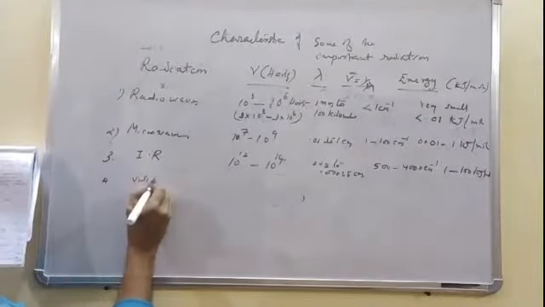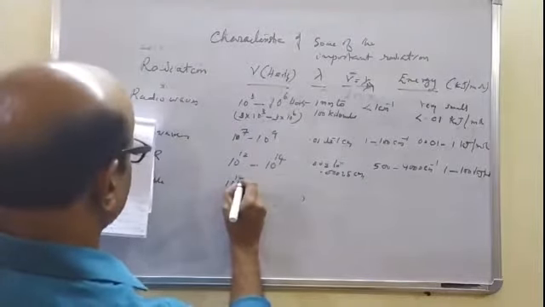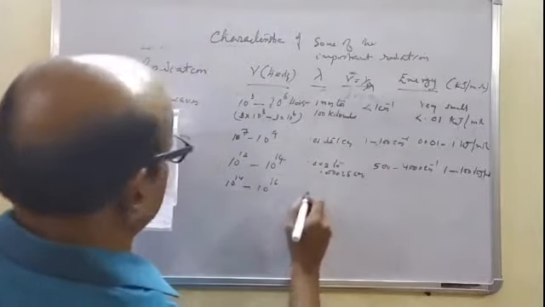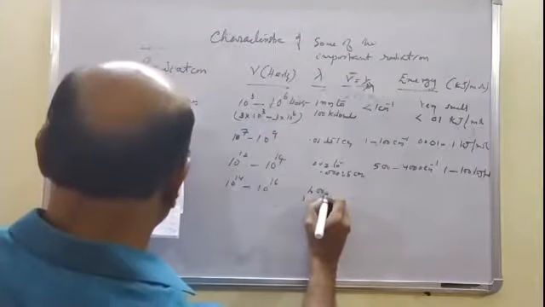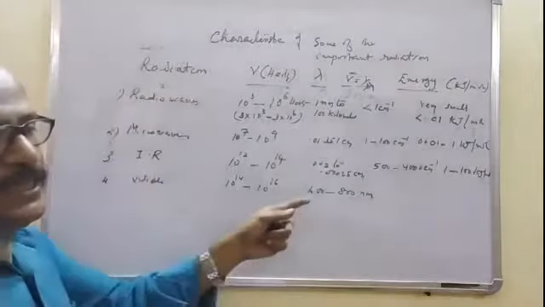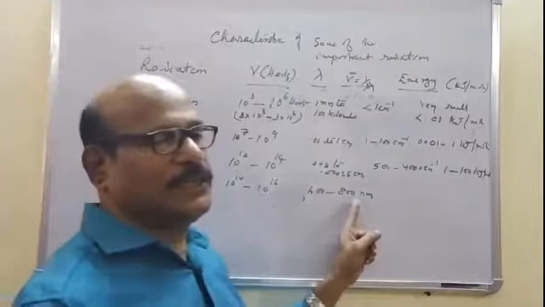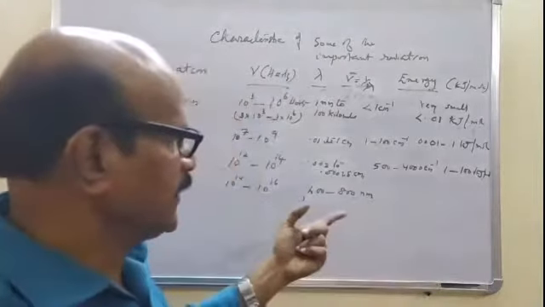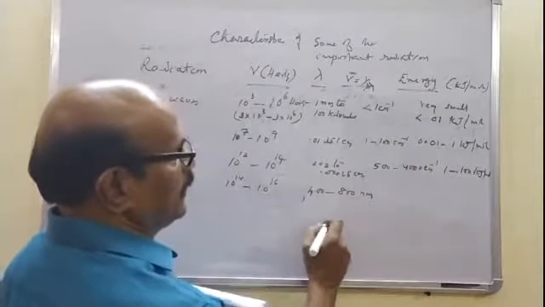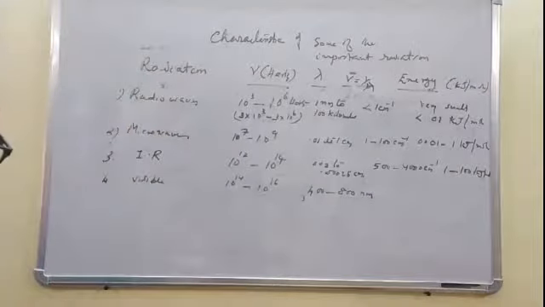Namukariana common visible radiation cycles 10⁻¹⁵ or 14 to 10⁻¹⁶ cycle per second, and the wavelength, you already know, 400 to 800 nanometer. That is 400 into 10⁻⁹ to 800 into 10⁻⁹ centimeter. Okay, like 400 into 10⁻⁷, 10⁻⁸ Angstrom to 800 10⁻⁸ Angstrom.